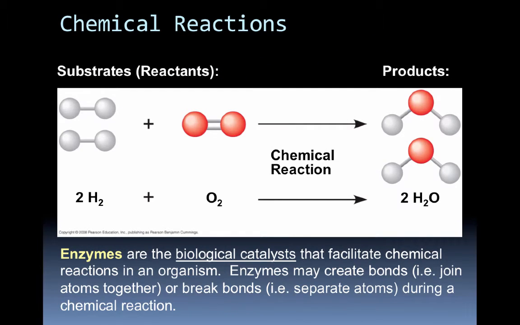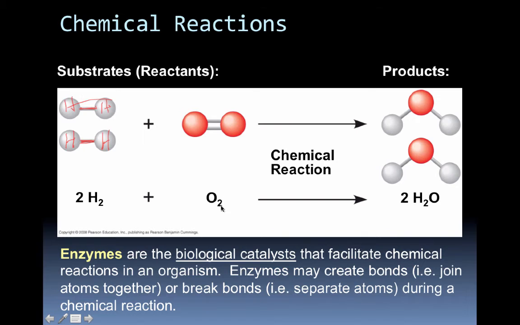Here is another example of a chemical reaction. It's one reaction that's illustrated in two different ways. We can see the structural formulas of our reactants, and then below the molecular formulas. So we have two hydrogen molecules. Each of these circles here represents a hydrogen atom, and you can see there's a covalent bond holding them together in each of the molecules.